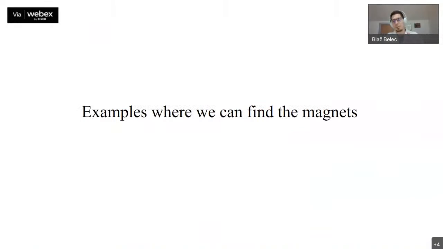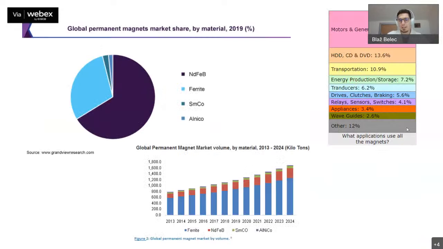So this was one overview of what magnetic materials are, how we describe them, and generally how we classify them, but where can we find those magnets? For instance, as I said, hard magnetic materials are those that are massively used. So those are permanent magnets. Here you can see the share of the permanent magnets in the market.